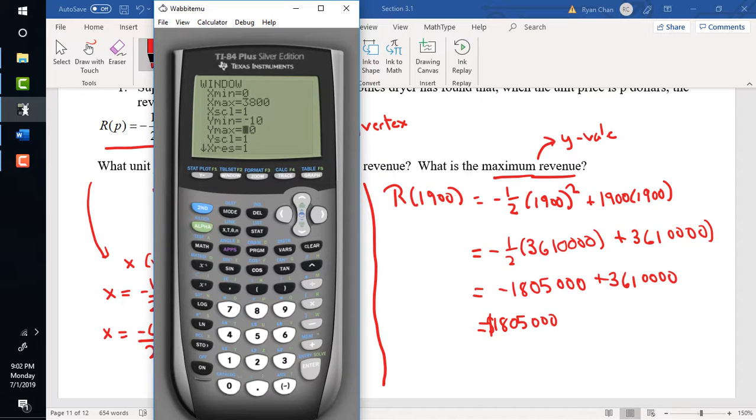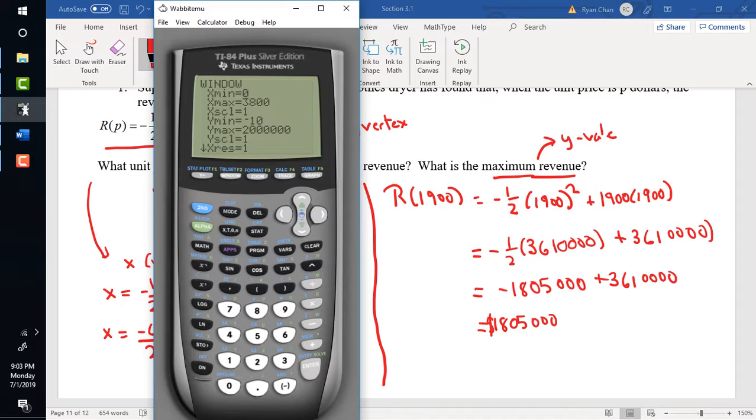So 180500, let's do 2 million. So essentially what I'm doing is my y max is a little bit larger than my maximum. And then my x max is double essentially what my x coordinate is. And this assumes I did everything correct.